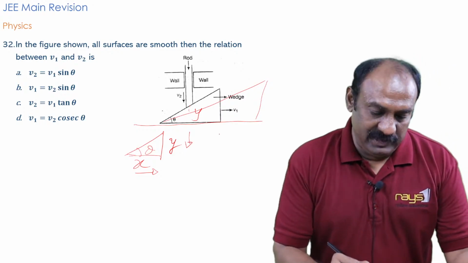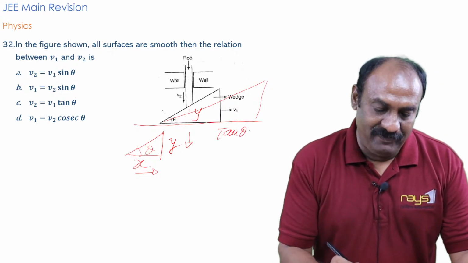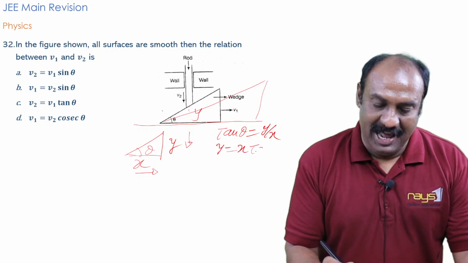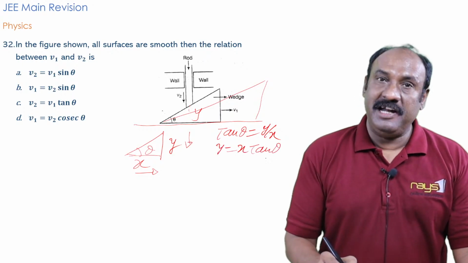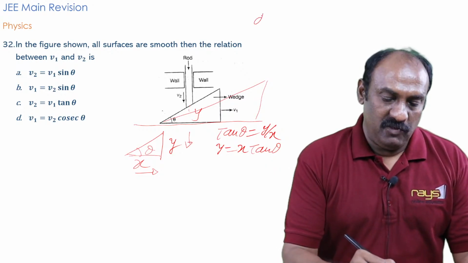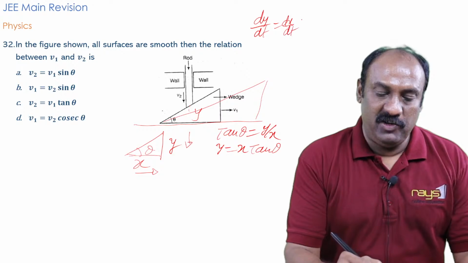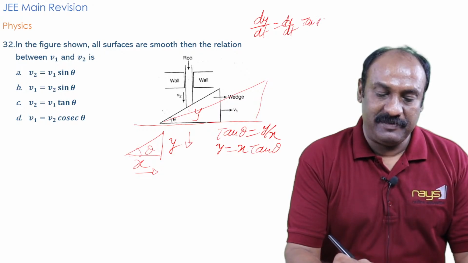From this you write the tan theta equation. Tan theta is equal to y by x. So y equals x tan theta. By differentiating this with respect to time, we get dy by dt equal to dx by dt into tan theta. Theta is constant here.